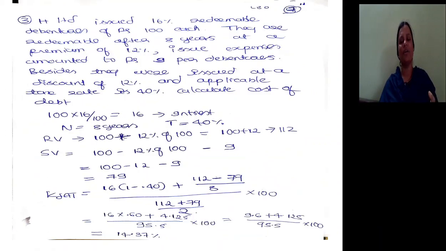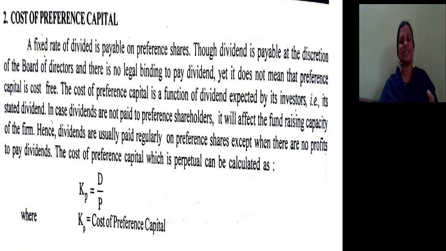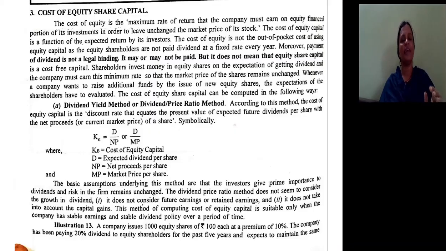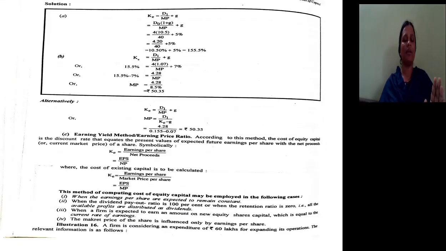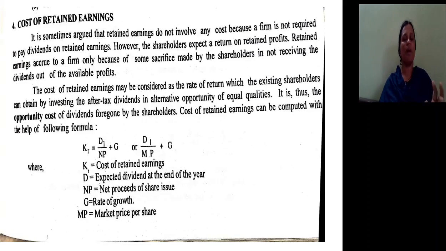Afterwards we concentrated on the calculation of cost of preference, both redeemable and irredeemable. Then we concentrated on cost of equity share, where we studied 3 important methods: the dividend yield method, the dividend yield plus growth method, and the earnings price method. Afterwards we discussed the cost of retained earnings also.